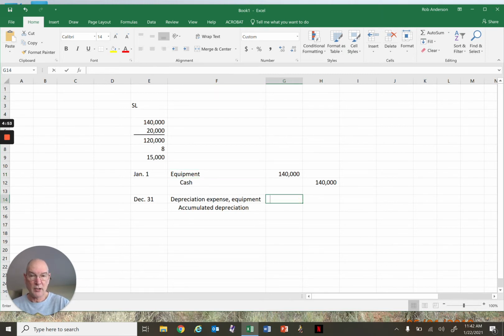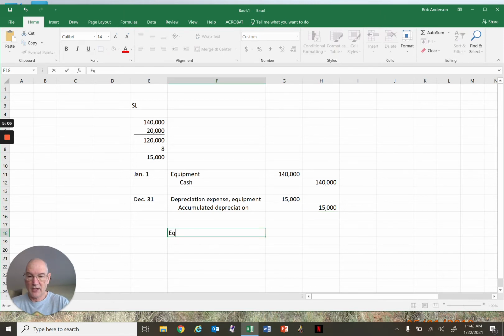So it reduces the book value or carrying value of equipment. So when we have $15,000 of depreciation our first year, if we were to look at a balance sheet on December 31, it would say something like this.